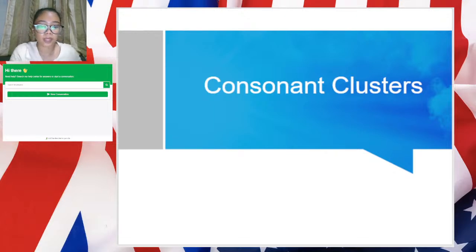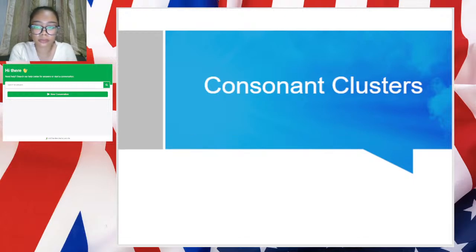These are basically groups of two or more consonant sounds that come right next to each other, whether in the initial or in the last sound. They are clustered, beside each other, grouped to each other, with no vowel in between them.